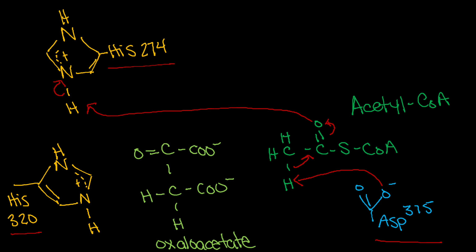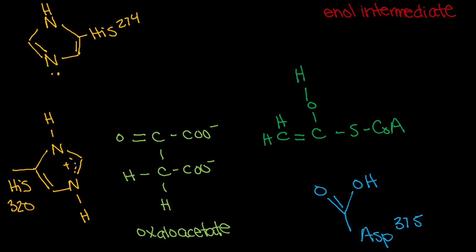What is important to note is that both of the histidines exist in their fully protonated form, so they have this positive charge character. So in this step, we can note that the ASP 375 has gained the hydrogen that it got from the acetyl-CoA.